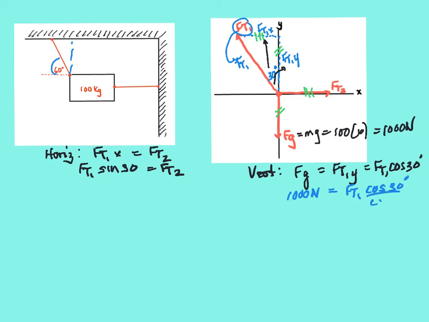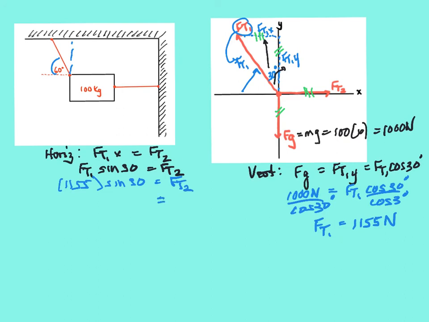So divide both sides by the cosine of 30, and we're going to get the value for Ft1, which is this angled one. If you do that out, you're going to get 1,155 newtons. Then we can plug that in over here: 1,155 newtons times the sine of 30 will equal the force of tension 2.